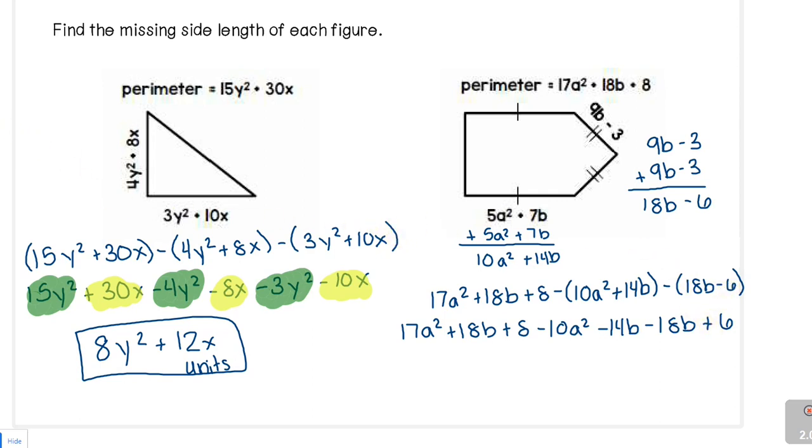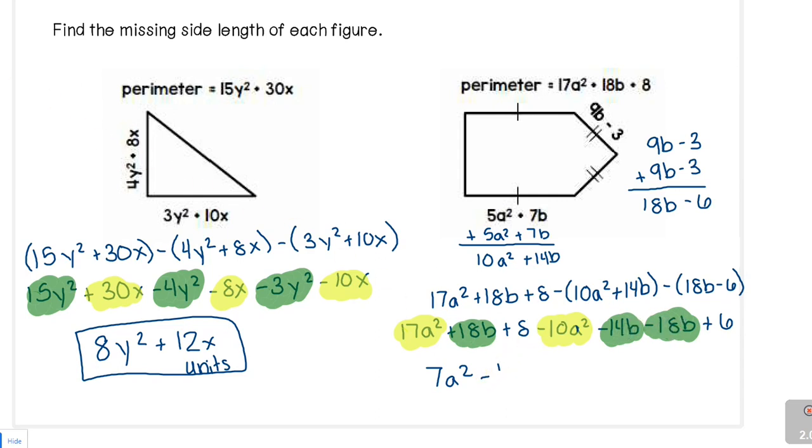Now let's combine our like terms. We have 17a squared minus 10a squared. So 17 minus 10 is 7a squared. We have 18b minus 14b minus 18b. 18 minus 18 is 0 minus 14.